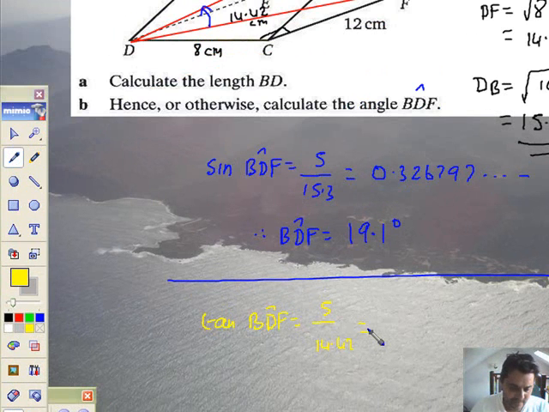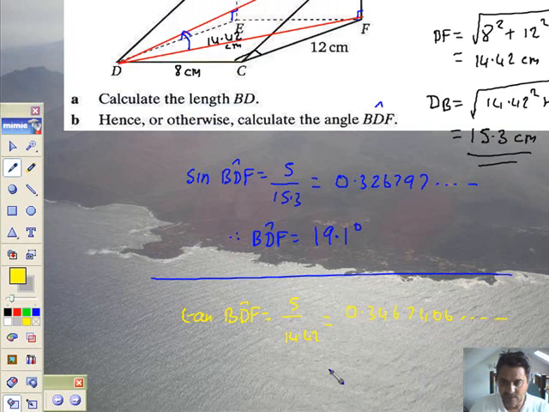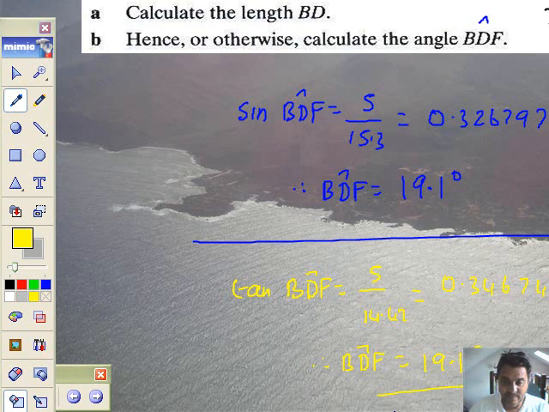Let's do it for you. 5 over 14.42 equals, again I'll write it out like I did before, 0.34674, and off it goes. Therefore BDF is going to be the shift tan of that, so shift tan is going to give me 19.12. Same thing. There it is.